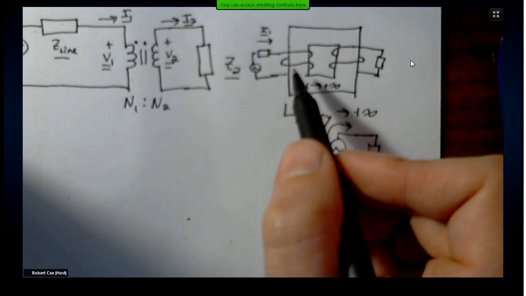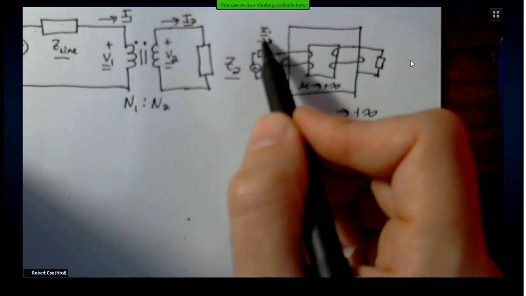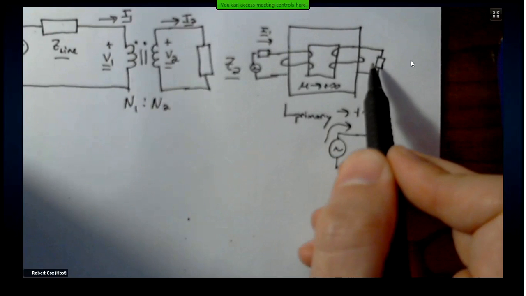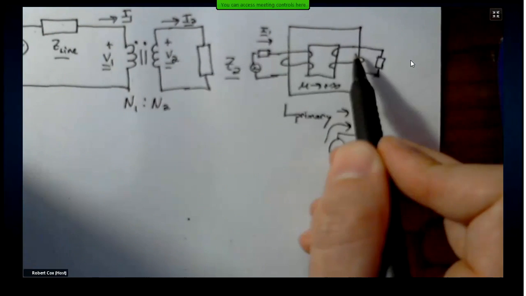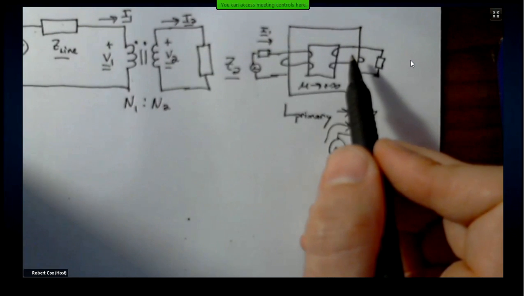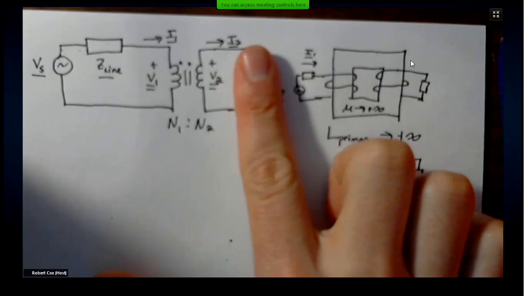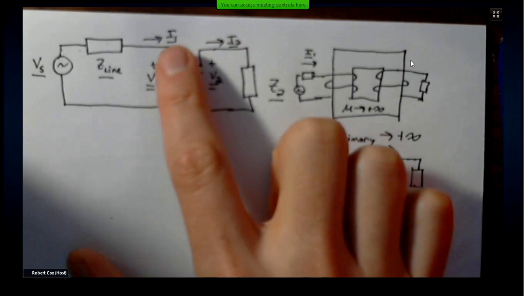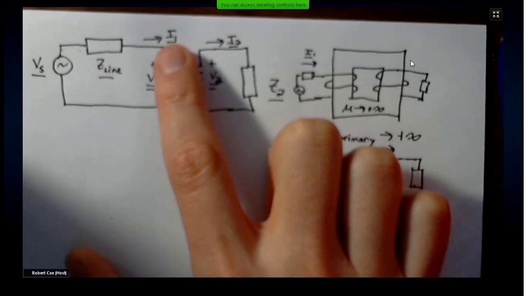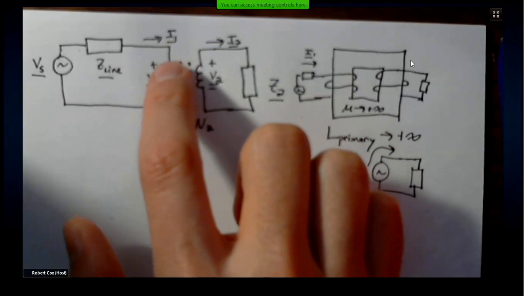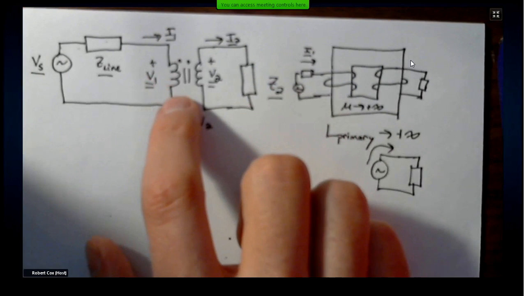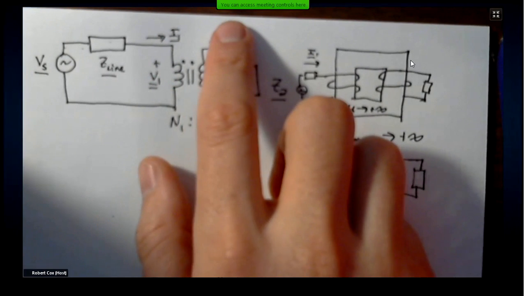The only reason why current can flow into this primary is because it is there to transfer energy to the secondary. So if I didn't have this here, there would be no current flowing here. There's an intricate relationship between what the voltage and current are at the primary and what they are at the secondary.